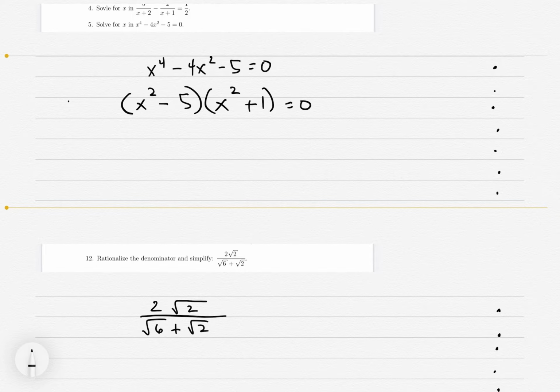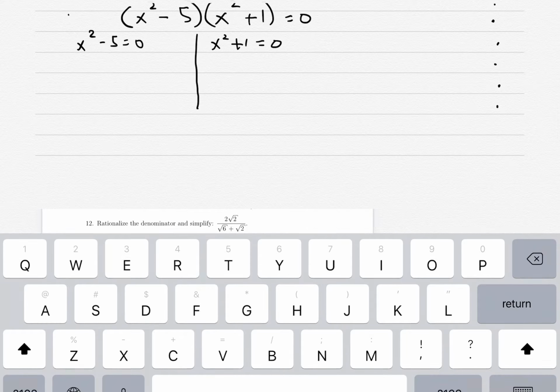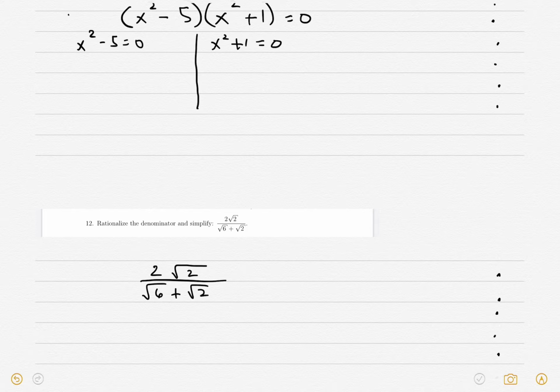Pag sinolve natin yung dalawang yan, it will give you x squared minus 5 is equal to 0. At yung isa naman ay x squared plus 1 is equal to 0. So, kung mapansin nyo, you have now x squared is equal to 5.